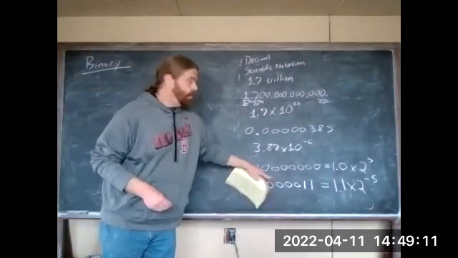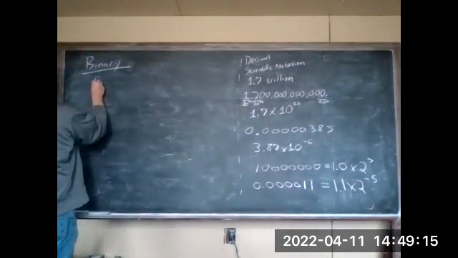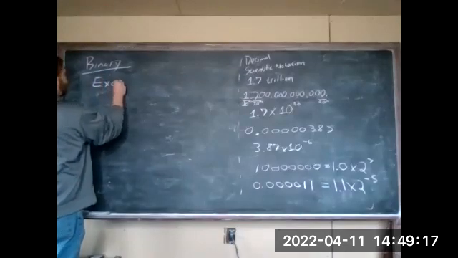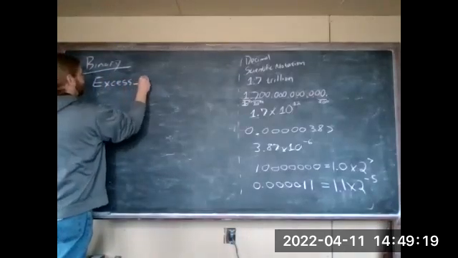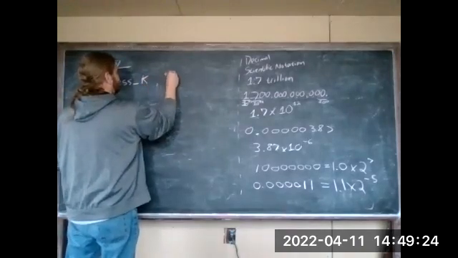So to do the scientific notation for really big and really small numbers, we use a system called excess K, or binary offset.